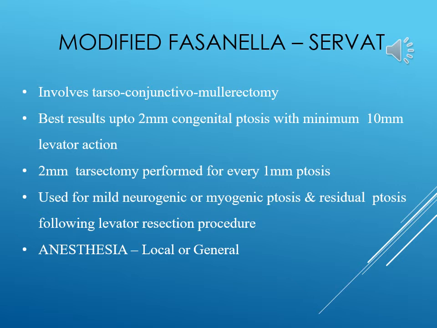This surgery is used for mild neurogenic or myogenic ptosis and residual ptosis following levator resection procedure. The anesthesia required for this surgery is local, or it can also be performed under general anesthesia.